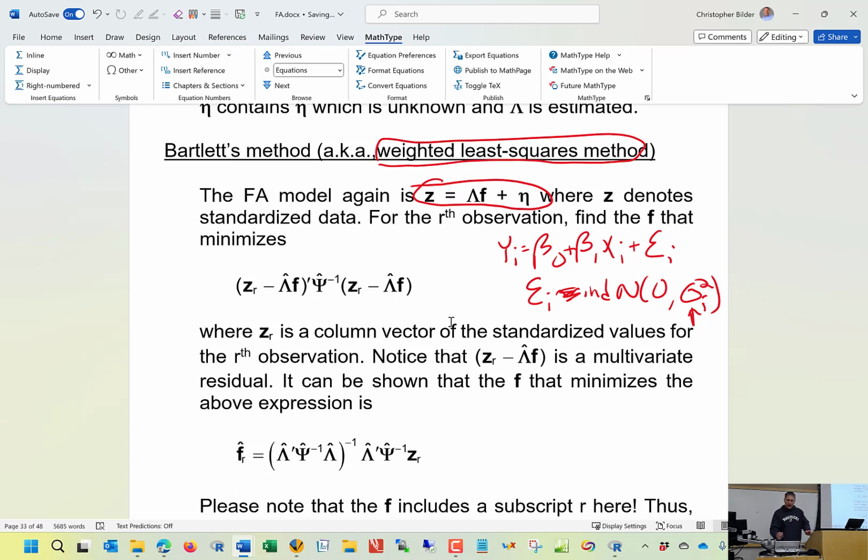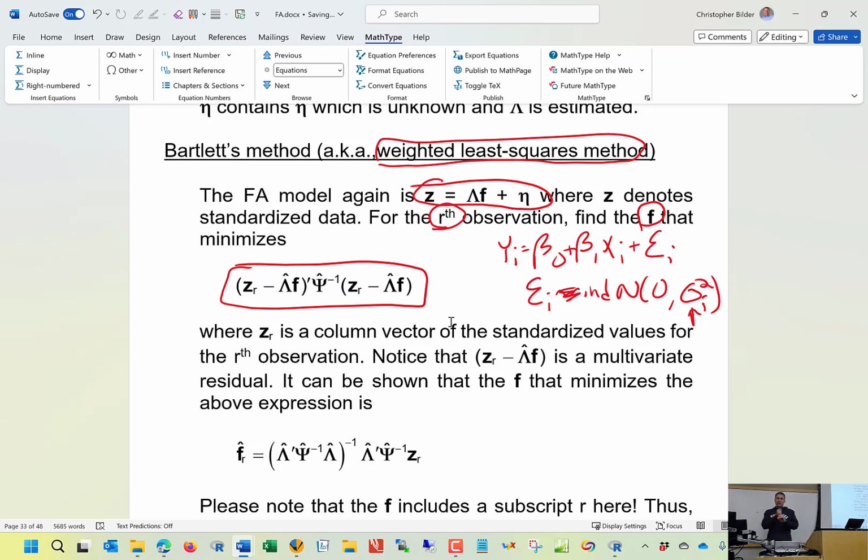And so for every single observation, let's say we're just going to take a look at the rth observation to be general. Our goal will be to find f. So f contains f1, f2, f3, all the way down to fm. Our goal is to basically find an f that minimizes this expression here.